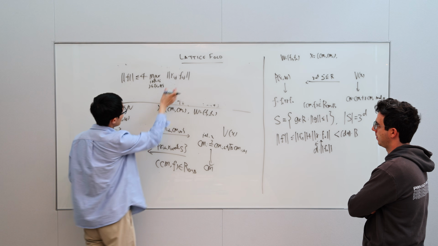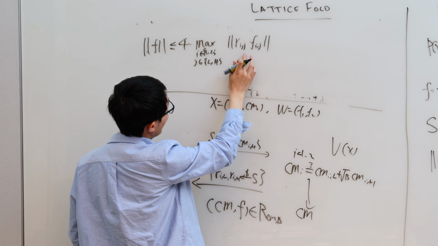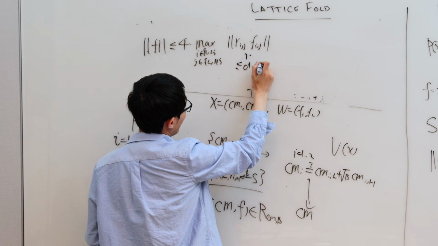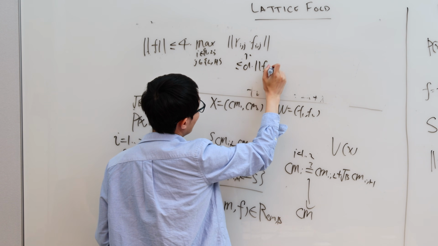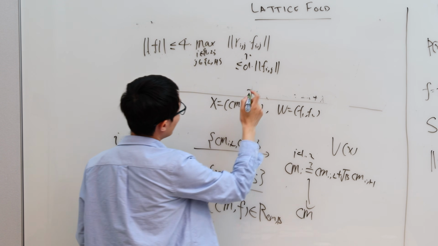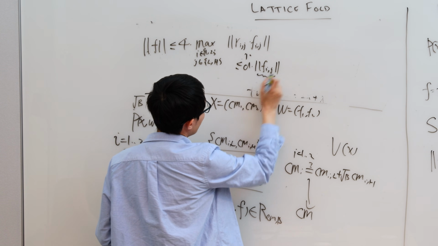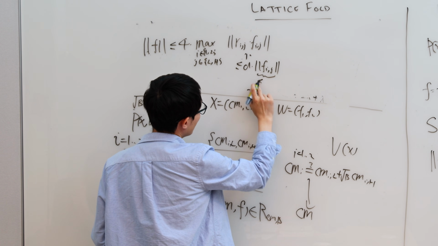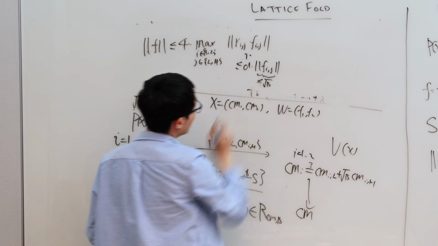And as the argument we had before, Rij times Fij is always smaller than D times Fij in norm. This is the same argument we had before. And finally, we also know that this Fij is less than or equal to square root B, right?